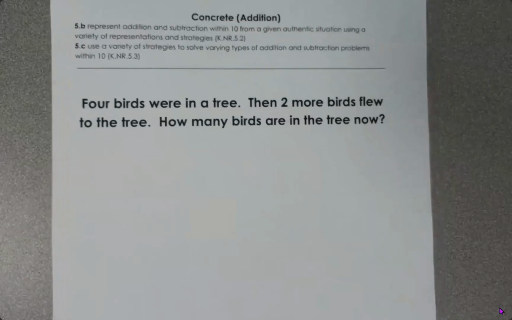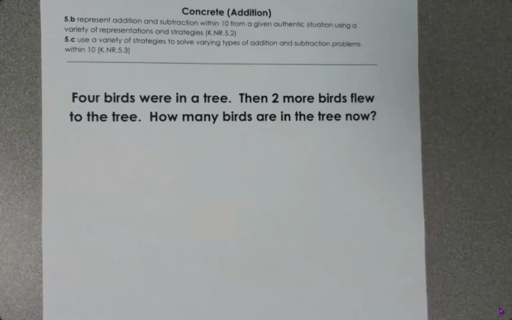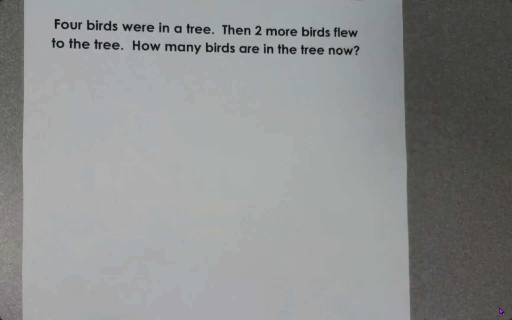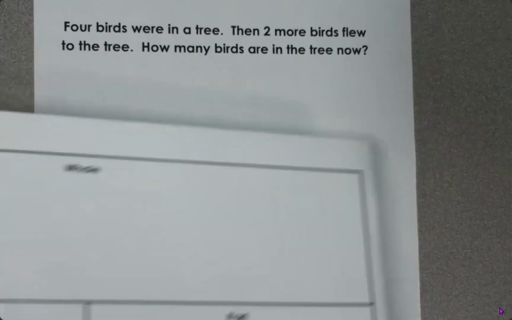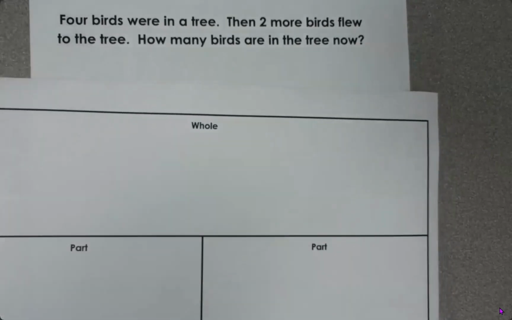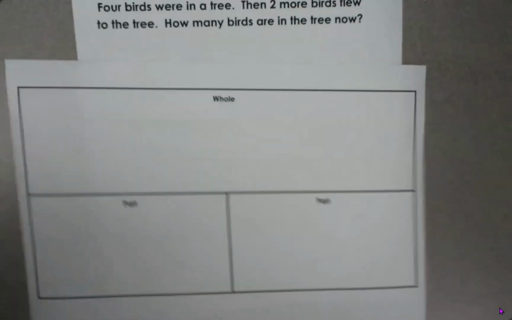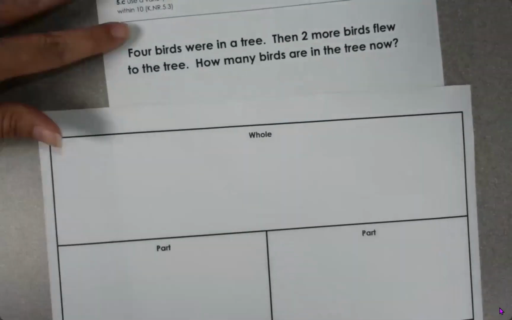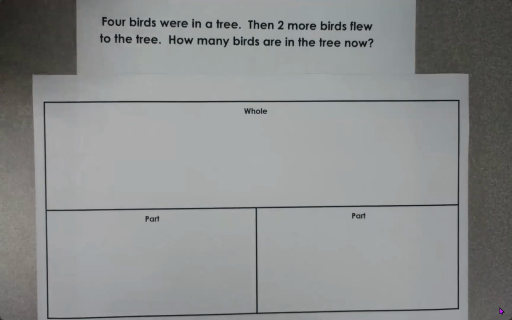And so for this situation, I want to show students that I can use a part-whole organizer, which is going to help me organize my thinking. And once I've organized my thinking to create my number sentence, then I can use a strategy to help me solve. So when I'm using the part-whole organizer, I want to label my parts. I know that I have one part of the birds that are already on the tree, and I have one part of the birds that are flying to the tree.